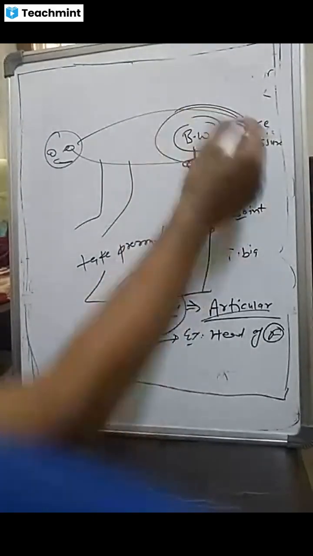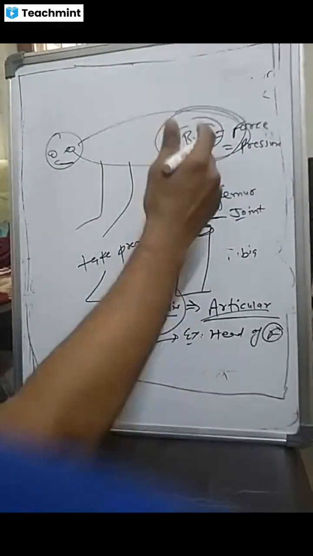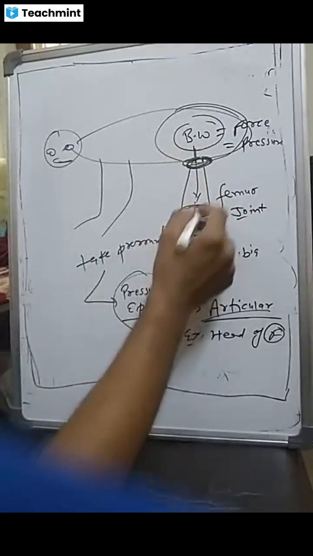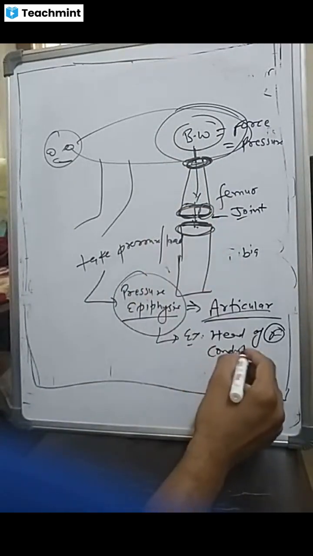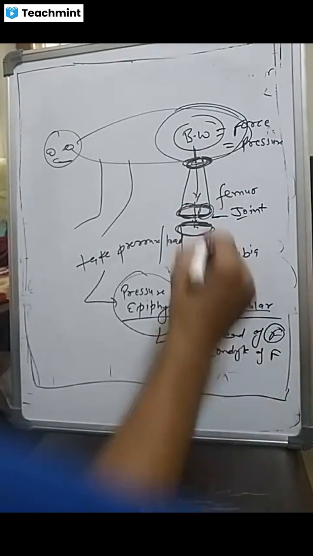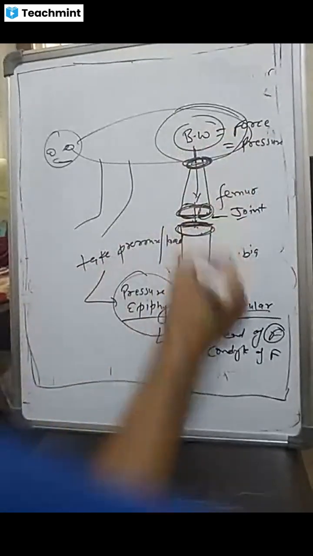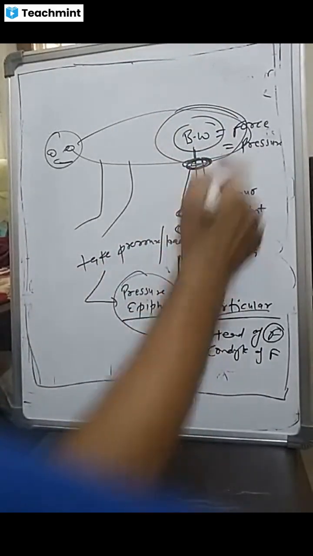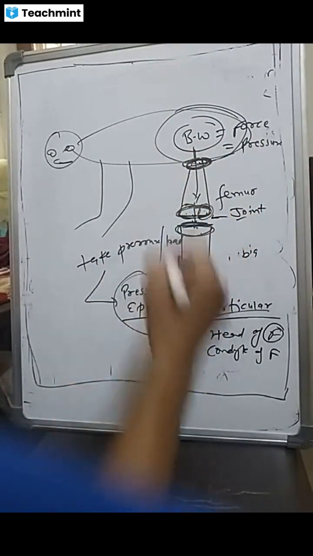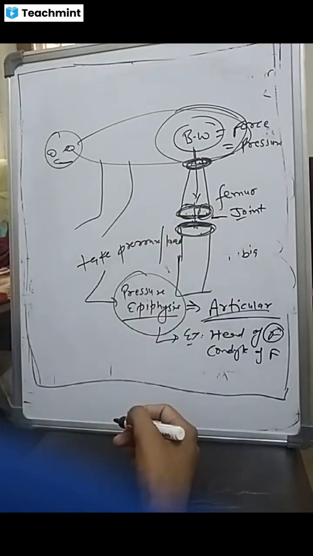The body weight is taken up by the head of the femur, then transferred to this joint. These two are the condyles of the femur. Then the tibia. So these articular structures which take up the pressure are known as pressure epiphysis: head of the femur, condyle of the femur and head of the tibia.